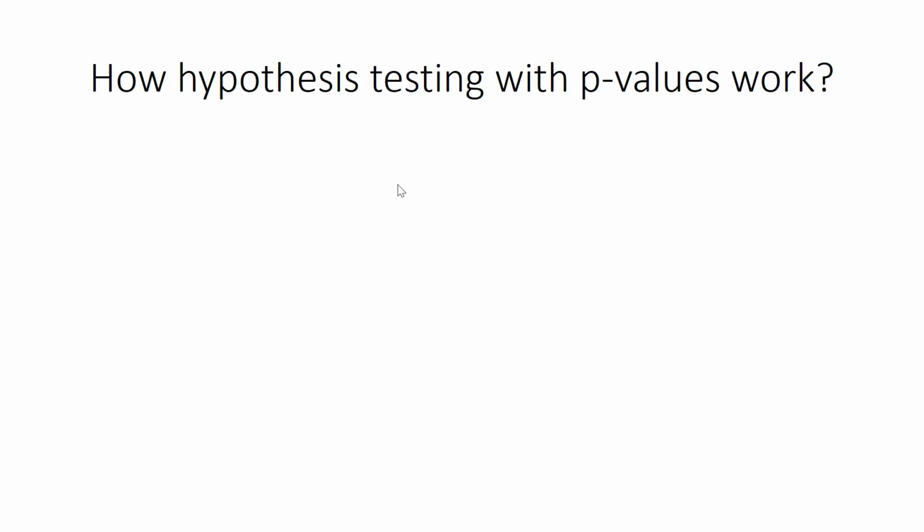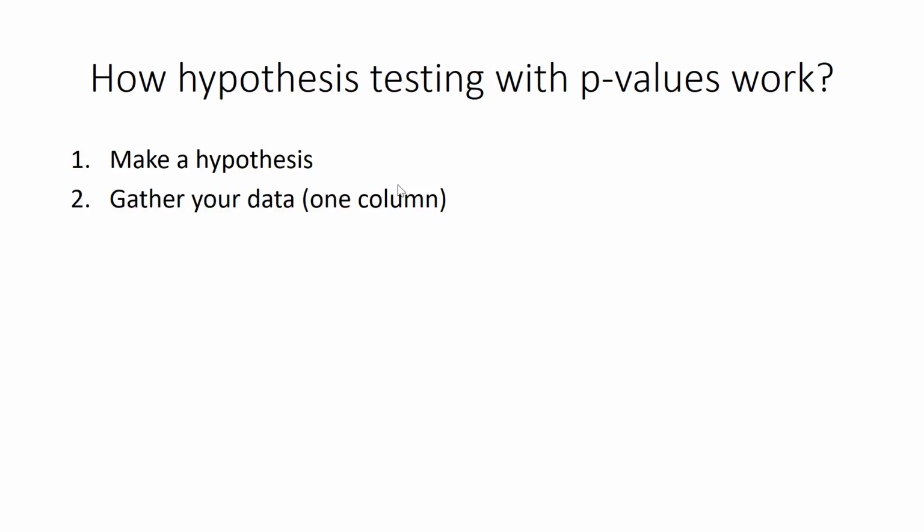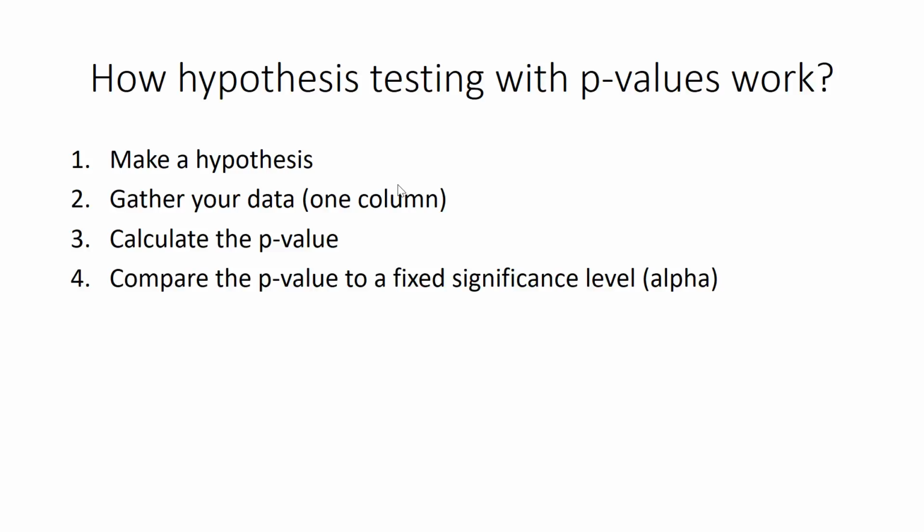So how does hypothesis testing with p-values work? Well, first of all, you need to make a hypothesis, and we're going to cover that. You need to gather your data, which is one variable, so we're talking about one column of data. You need to calculate the p-value by using the z-score or the z-value. You need to compare the p-value to your fixed significance level. This is something that you set when you're making your hypothesis, that's associated with your confidence level.